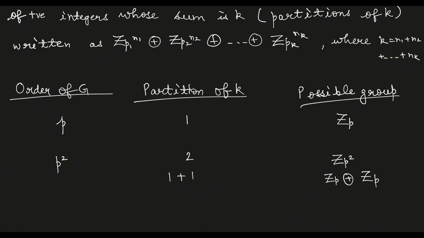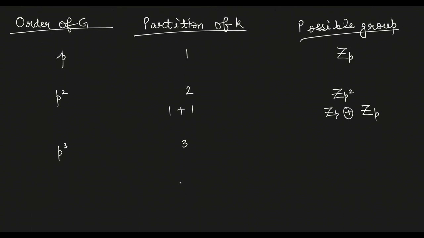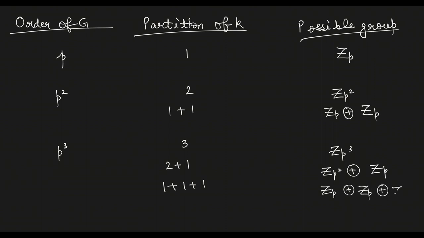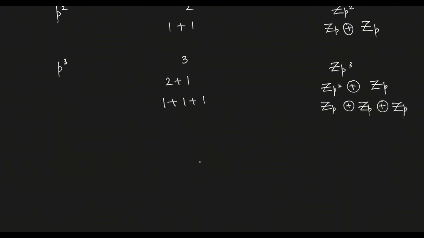ऐसे ही कर रहे हैं ना, ZP1 to the power N1 direct sum ZP2 to the power N2 and so on. If it is P cube, then 3, 2 plus 1, 1 plus 1 plus 1. This is ZP cube, ZP square direct sum ZP, ZP direct sum ZP direct sum ZP. P to the power 4.